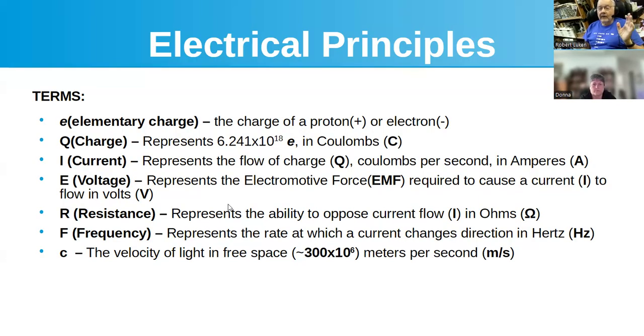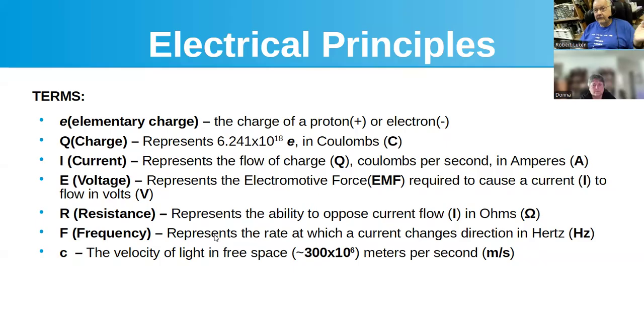So they behave differently than a resistor. A resistor is a linear device, and Ohm's law applies. Ohm's law is a little bit different when we talk about reactance because we're talking about complex numbers.